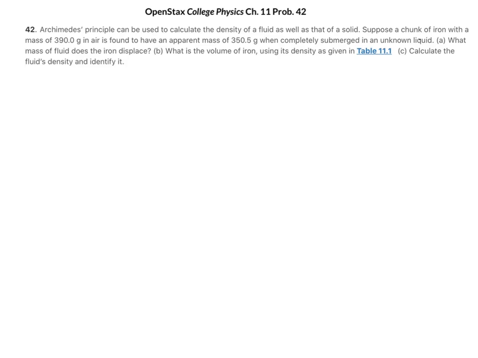What mass of fluid does the iron displace? What is the volume of iron using its density as given in a table in the book? And calculate the fluid's density and identify it. So let's write down the things that we know.